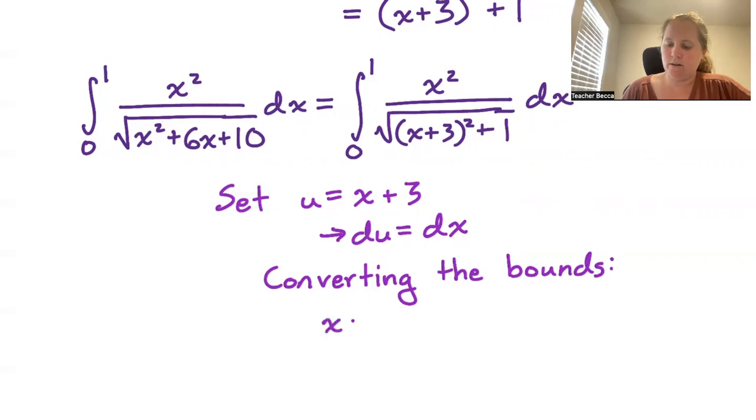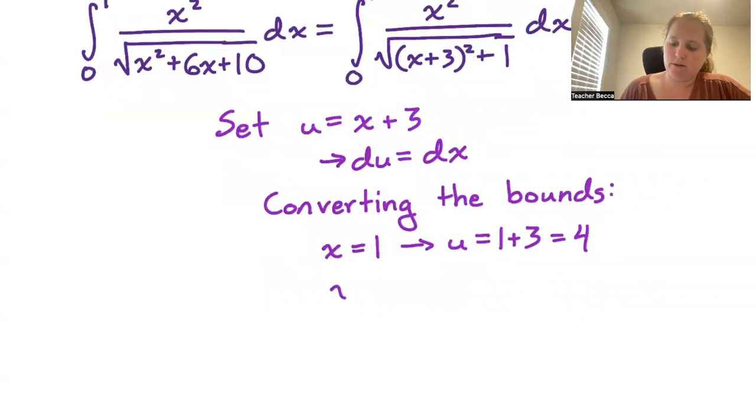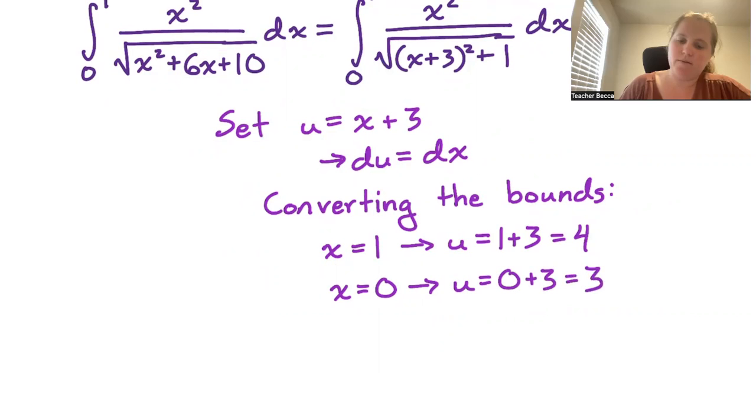X equals 1 would mean that u is equal to 1 plus 3, otherwise known as 4. X equals 0 would mean that u is equal to 0 plus 3, otherwise known as 3.